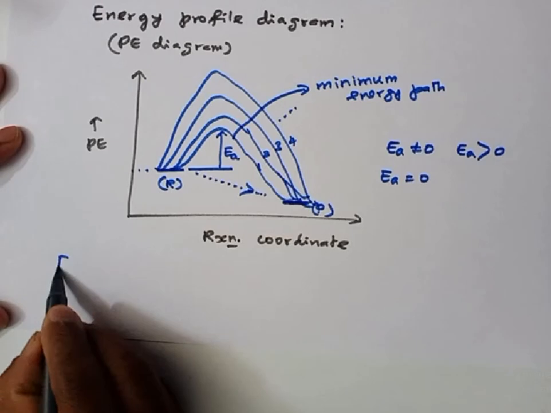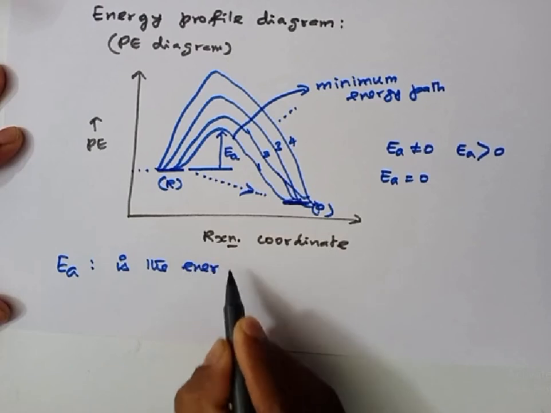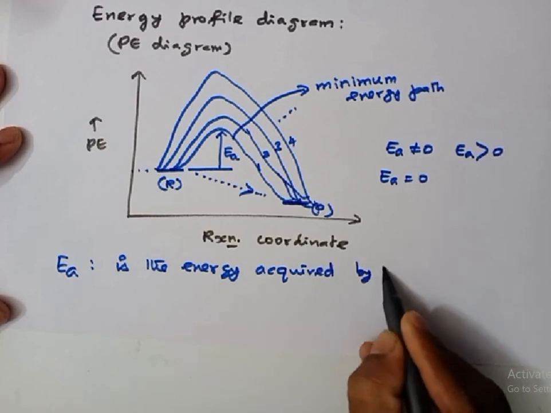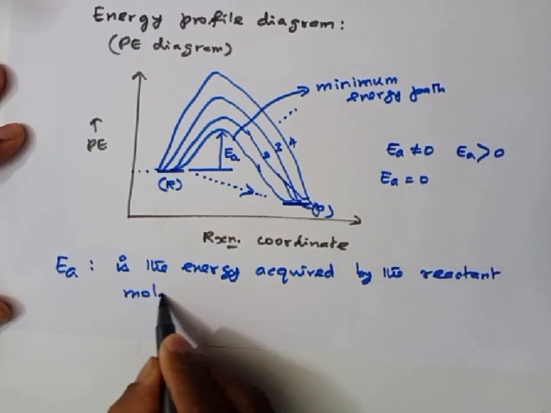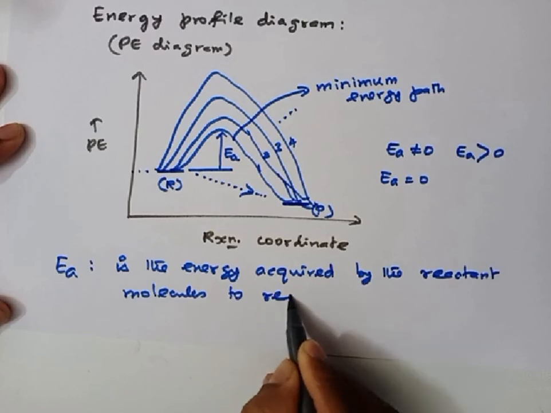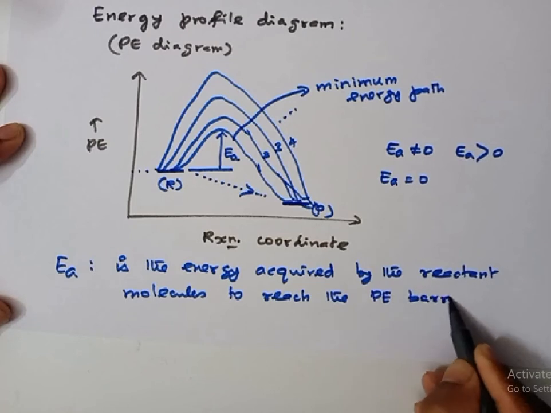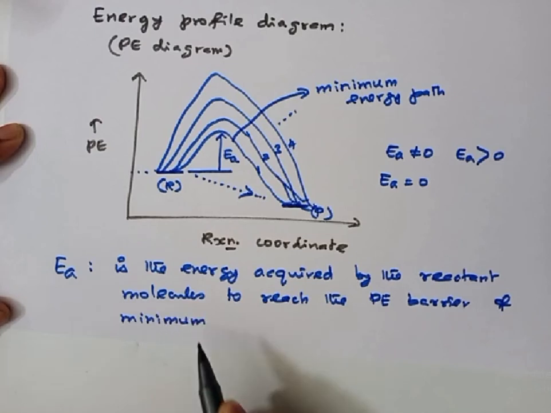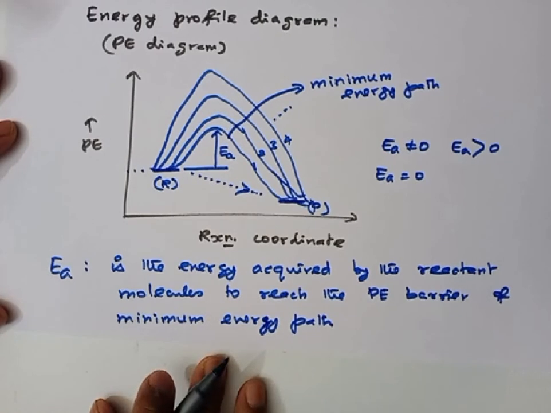Definition: activation energy is the energy acquired by the reactant molecules to reach the potential energy barrier of the minimum energy path of the reaction. This is the definition for the activation energy.